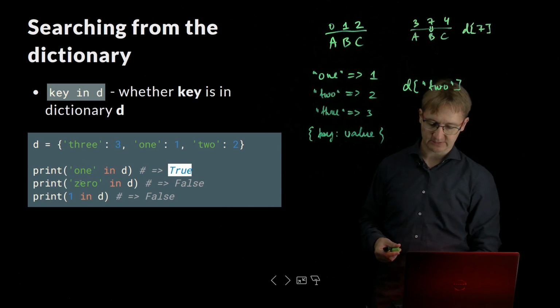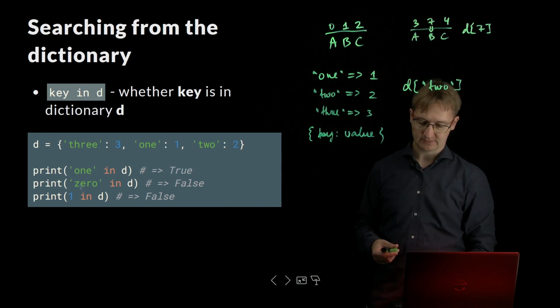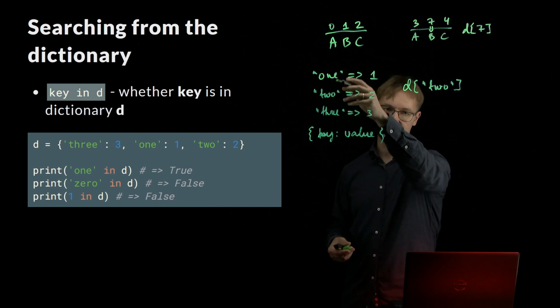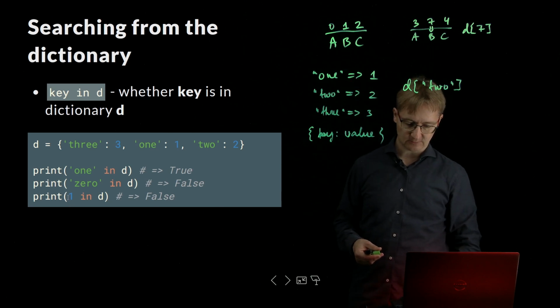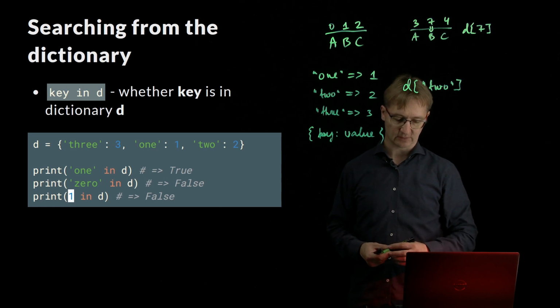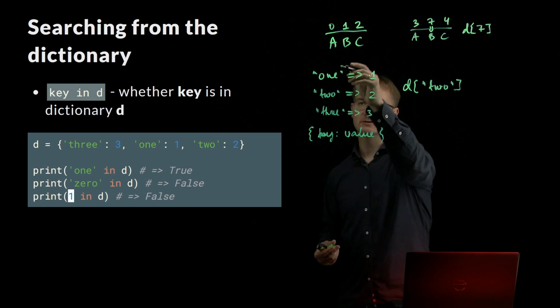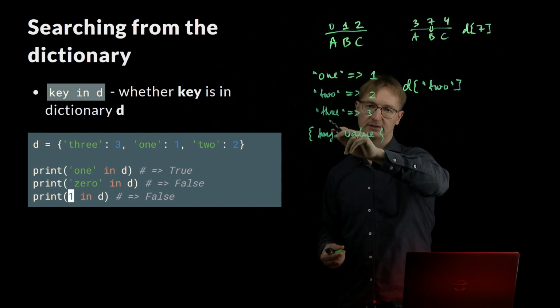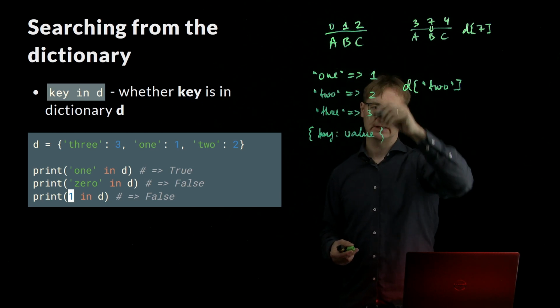If I ask whether 0 is in D, then I get false because we don't have this key. And also if I ask whether 1 as a value is inside D, then I also get false because it only searches for the keys. It doesn't search for the values.